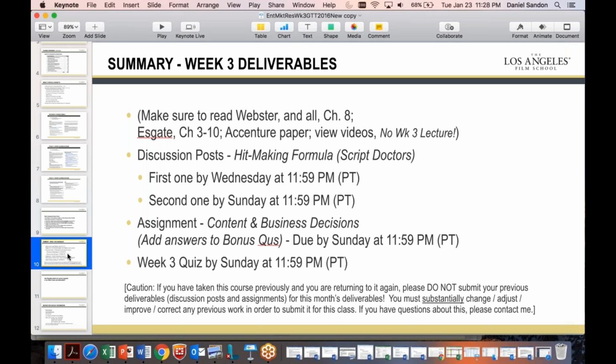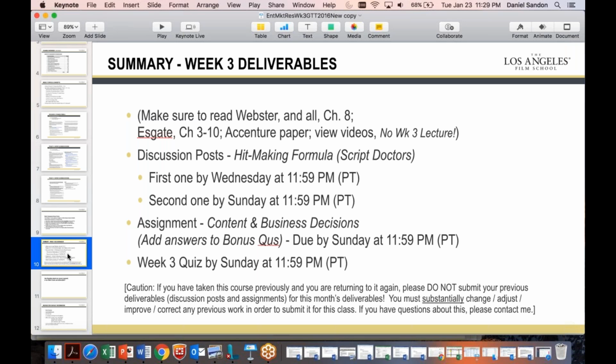Let me just say something about these due dates. You may have heard that there's a new late policy going into effect here in 2018. And it's stricter than the previous policy. And so, if you get your initial post in by Wednesday night, you have the opportunity to earn all the points available on that initial post.